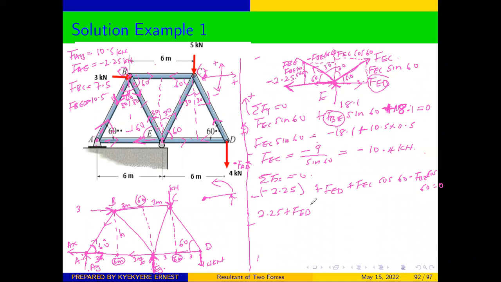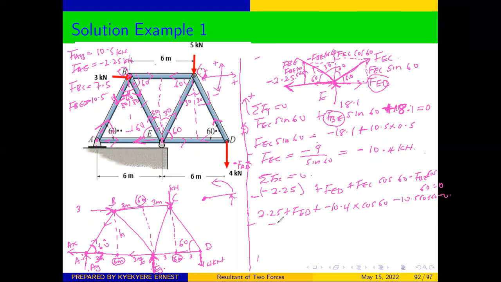Good. We have our FED, and then we have already calculated FEC to be negative 10.4. So we have negative 10.4 times cos 60. And then FB we have already calculated as negative 10.5 cos 60, equals 0.